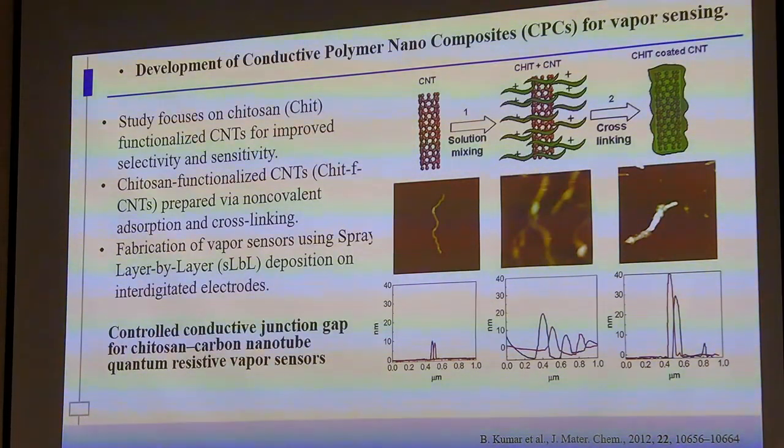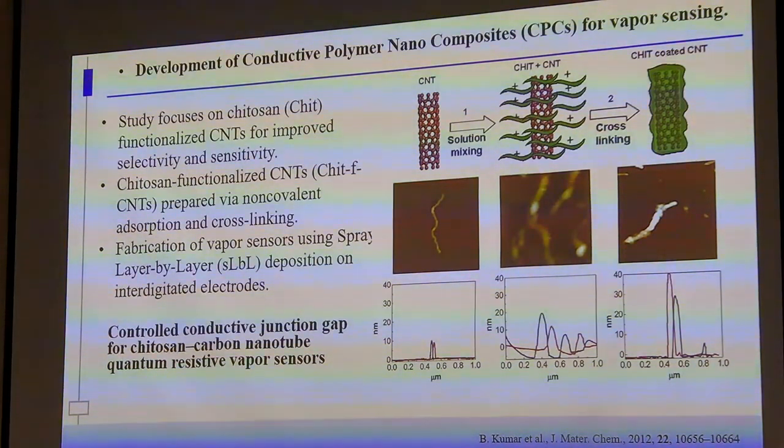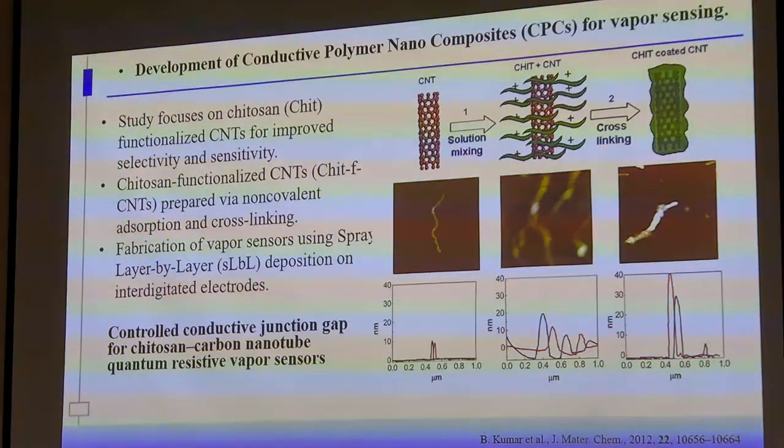They are still surrounded by unbound chitosan molecules. But after cross-linking, the diameter of the carbon nanotube goes to more than 30 to 40 nanometers. So the chitosan molecule has wrapped the carbon nanotube here.